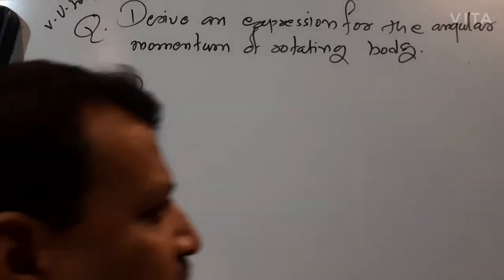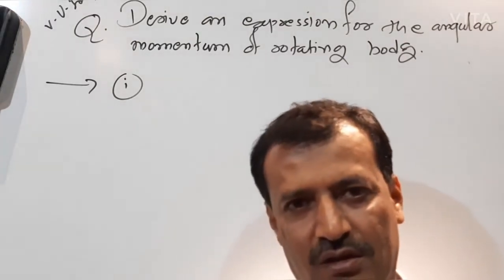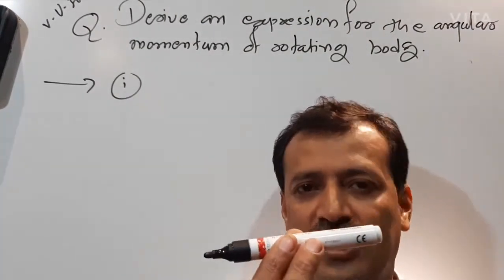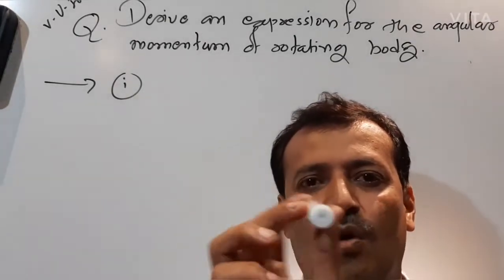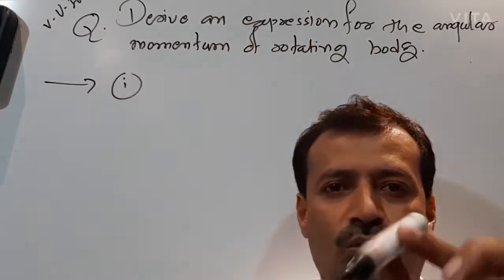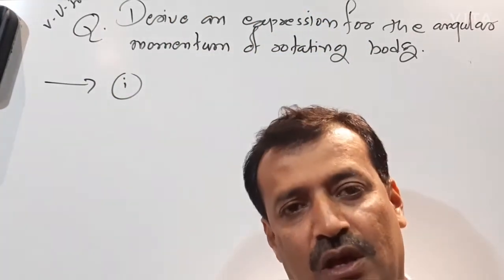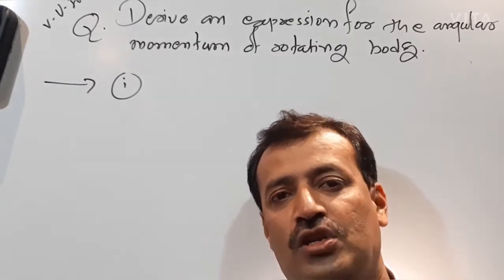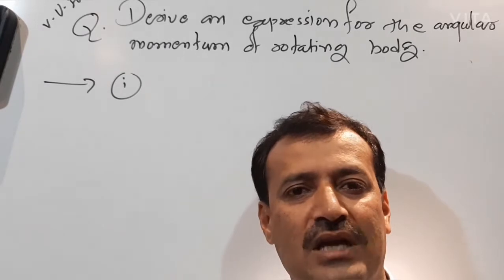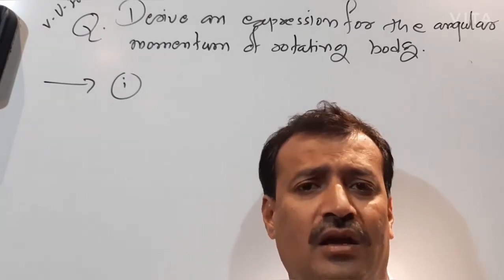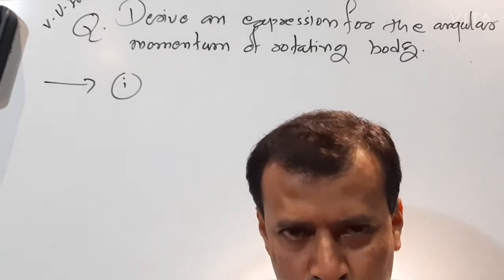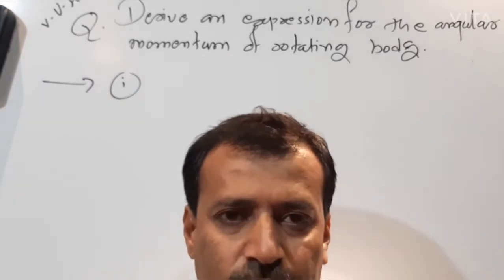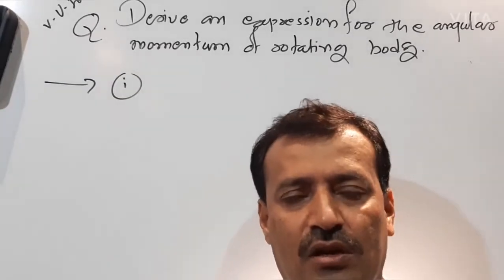Only a small difference: consider a body rotating about an axis of rotation passing through any point O with a constant angular velocity omega. In the previous point it was angular acceleration. Now why in this point is it angular velocity? Because angular velocity omega is close to the angular momentum, so here instead of acceleration there is an angular velocity.